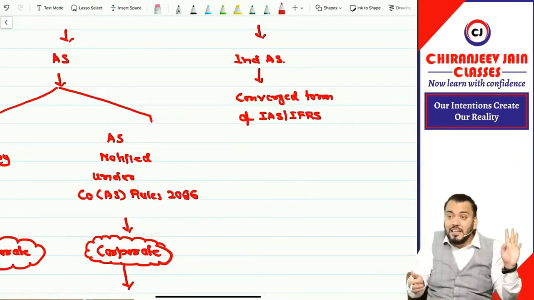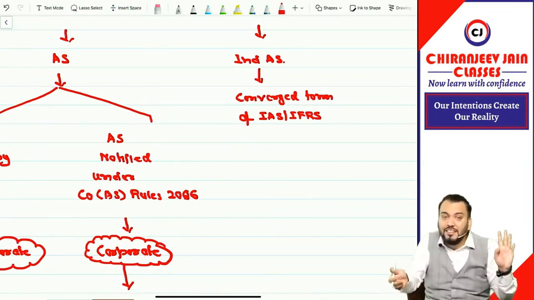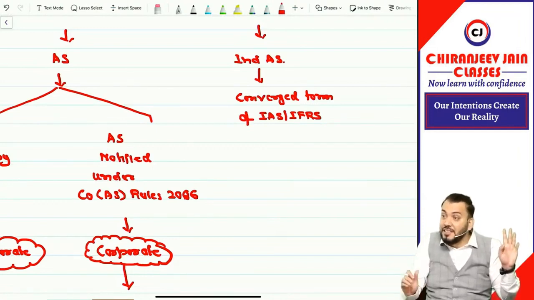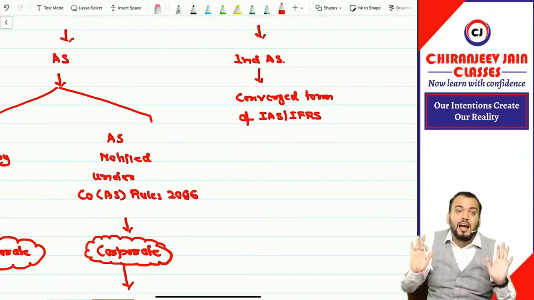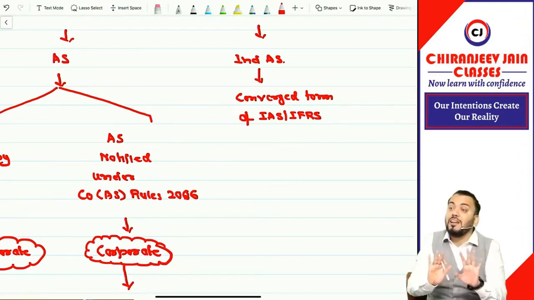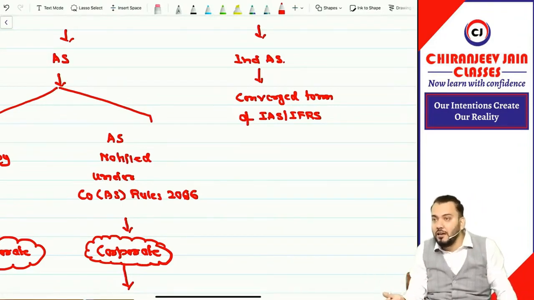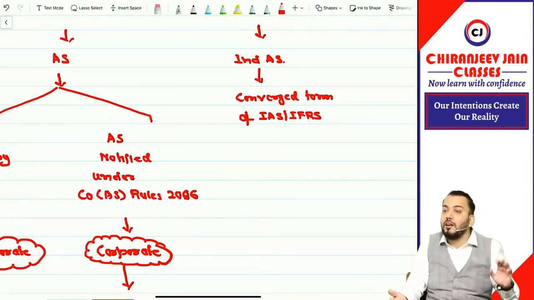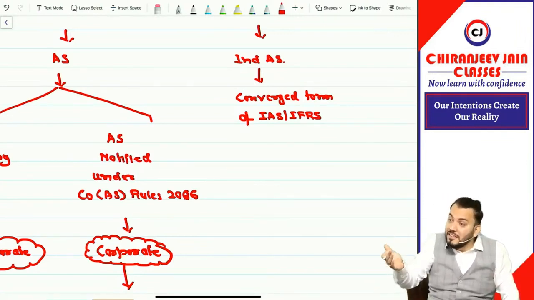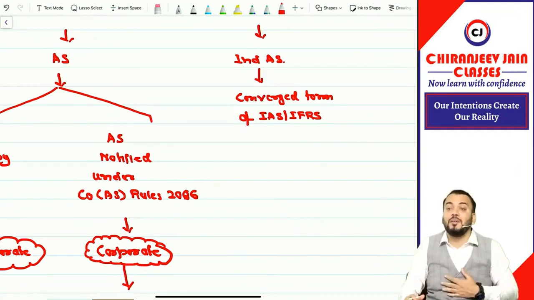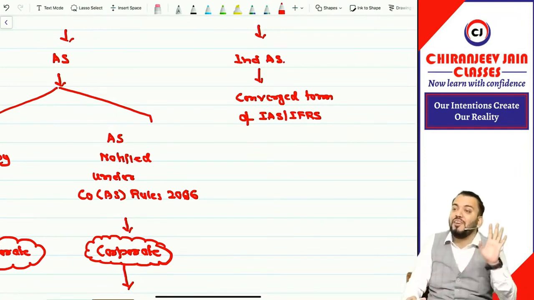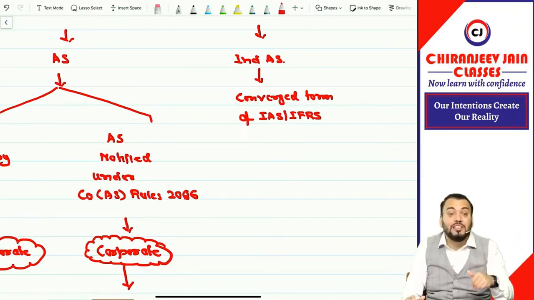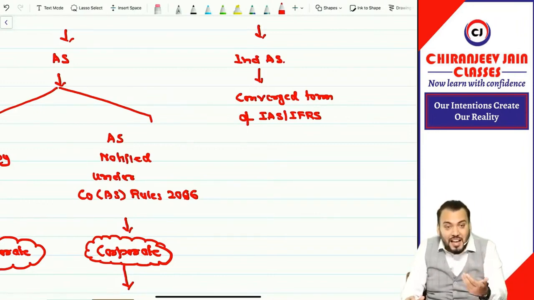There are many other countries who have totally adopted IFRS without any changes, but India is India. India will take IFRS but as per our requirement, and wherever modification is required will modify it, and therefore we call it a converged form of IFRS.